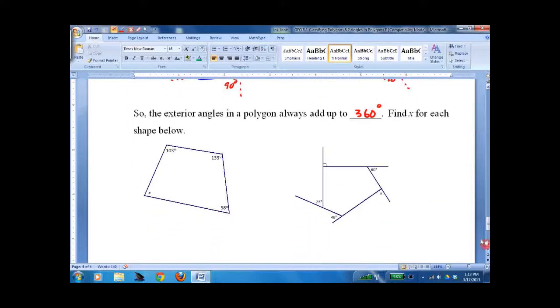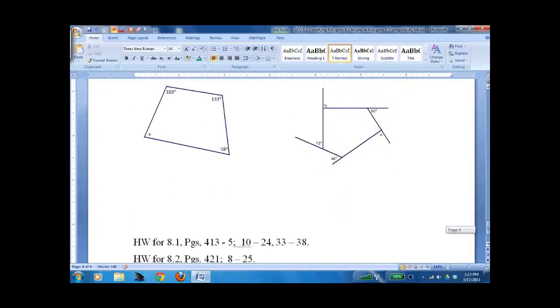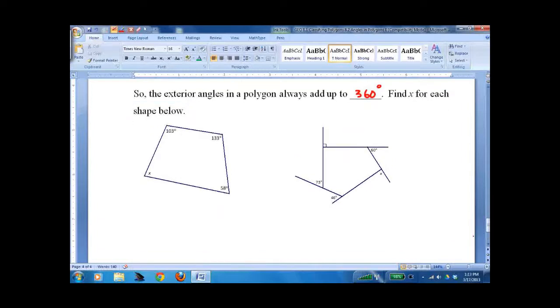So try it for this one. Here's one internal, one external. Should pause the recording and try it on your own, but I'll do it right now. X plus 103 plus 133 plus 58 equals 360. I remember that from the quadrilateral on the other side. Otherwise, you would not know that. Add them up.